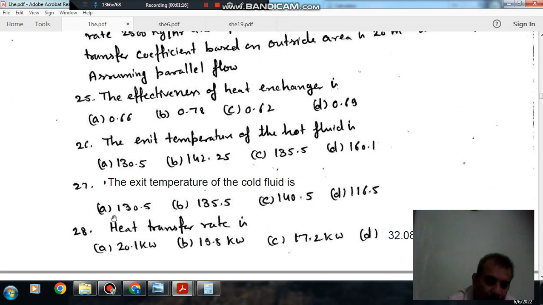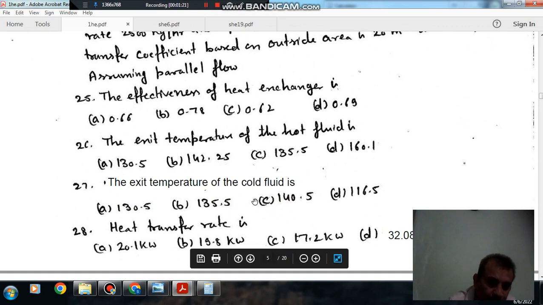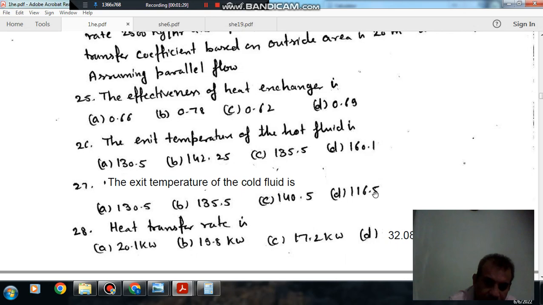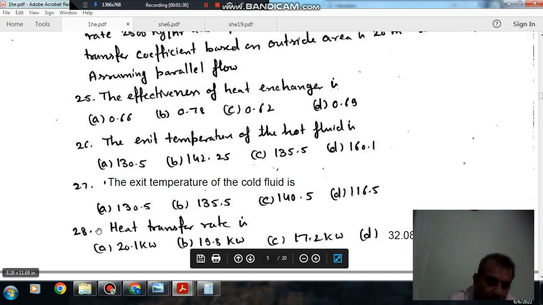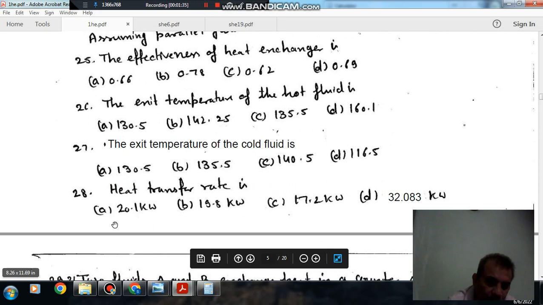The exit temperature of the cold fluid is option A 130.5, option B 35.5, option C 140.5 and option D 166.5. Heat transfer rate is option A 20.1 kilowatt, option B 19.8 kilowatt, option C 17.2 kilowatt and option D 32.03083 kilowatt.